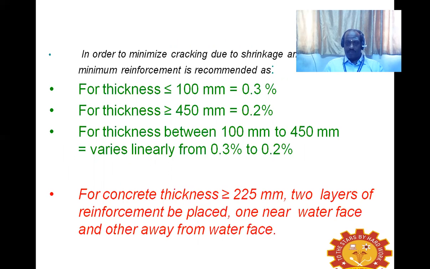When the thickness is between 100 mm and 450 mm, it can be varied linearly from 0.3% to 0.2%. When the concrete thickness is greater than or equal to 225 mm, two layers of reinforcement are to be placed, as we have already discussed, one near the water face and the other away from the water face.